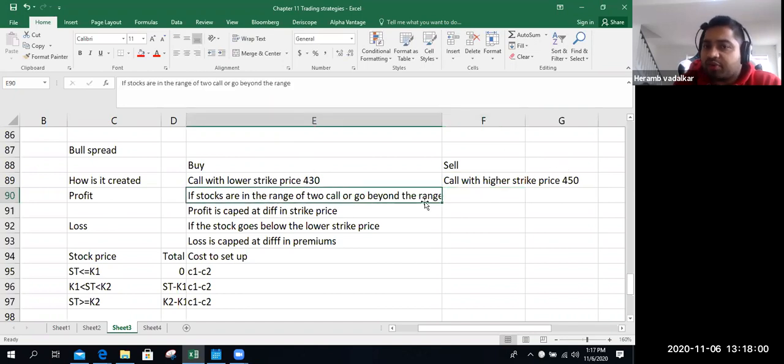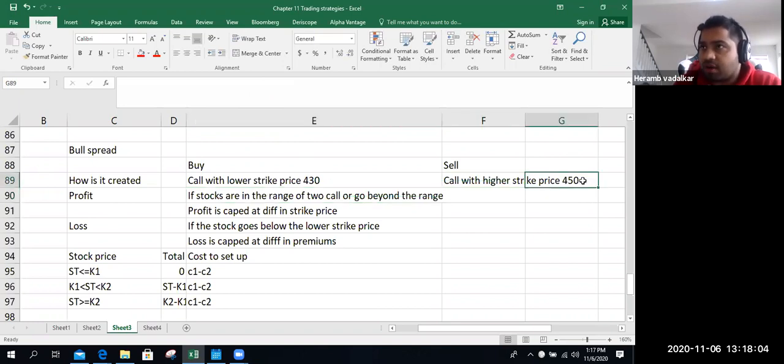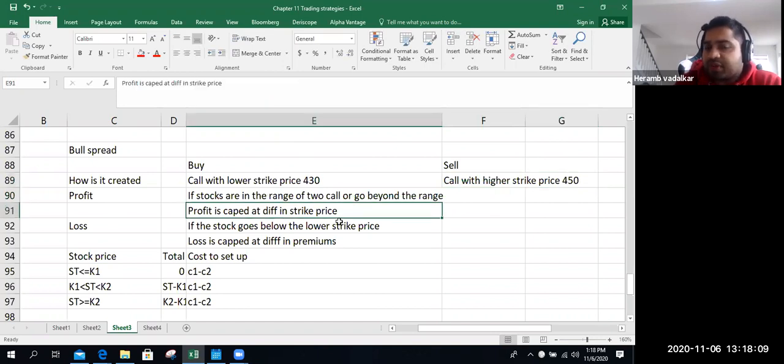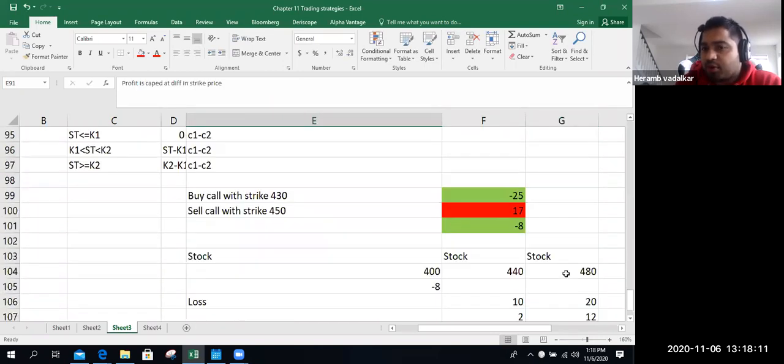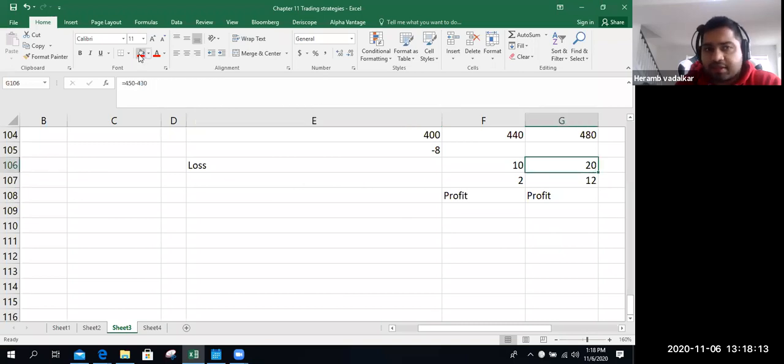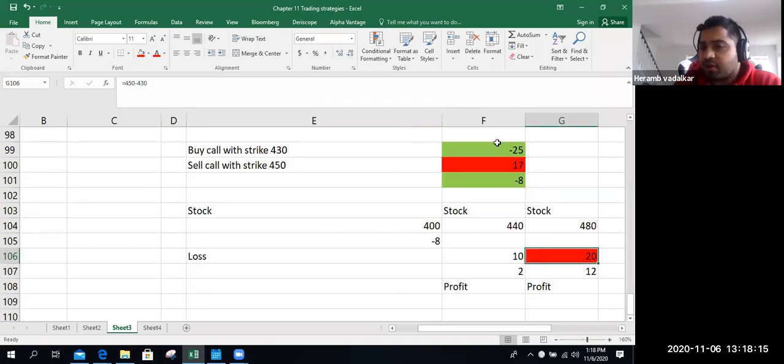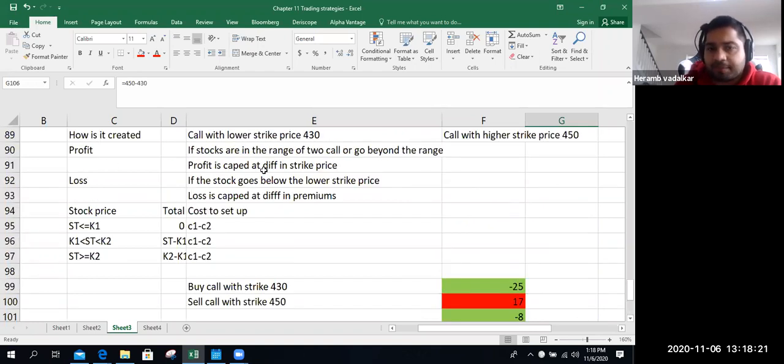You even make money if it goes above 450, but profit is capped at the difference between strike prices. So the maximum profit you can make from this strategy is 20 bucks, the difference between strike prices 450 and 430.